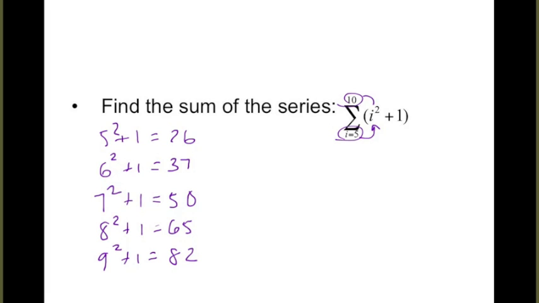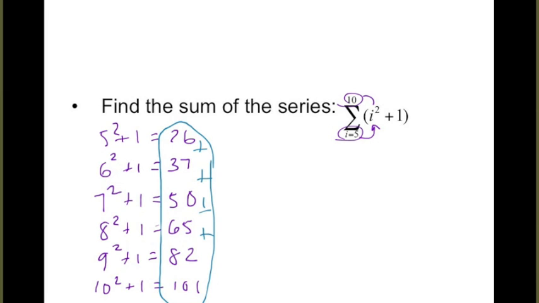Plug in 9 gives 82. Plug in 10 gives 101. Then we want to take those terms and add them all up. We get 361.